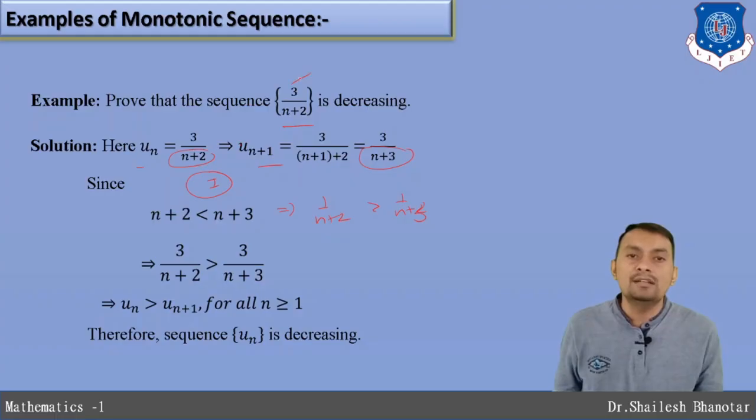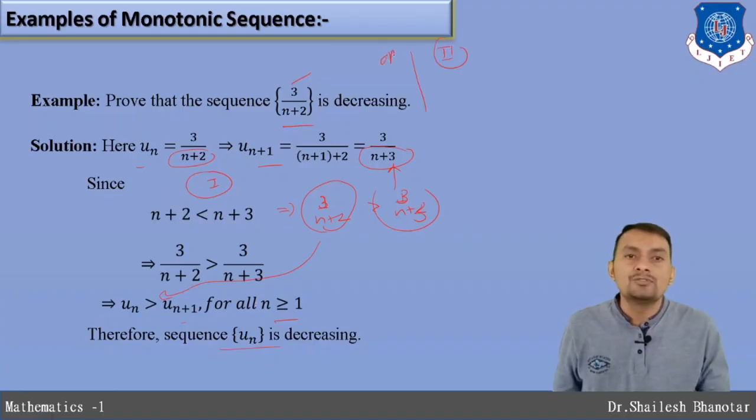But I want the numerator to contain 3, so I multiply by 3. This is u_n, and this is u_(n+1). So what I get is u_n is greater than u_(n+1) for all values of n greater than or equal to 1, therefore the sequence is decreasing.